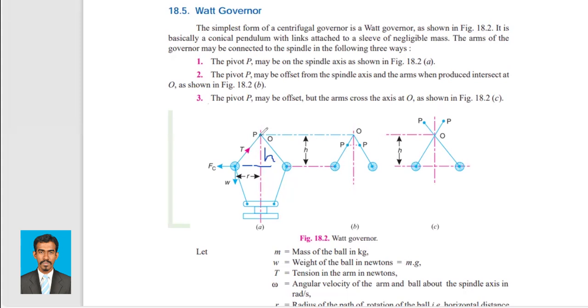So we are taking moment about O, and I'll take the clockwise direction. So clockwise, it is FC into the distance H.